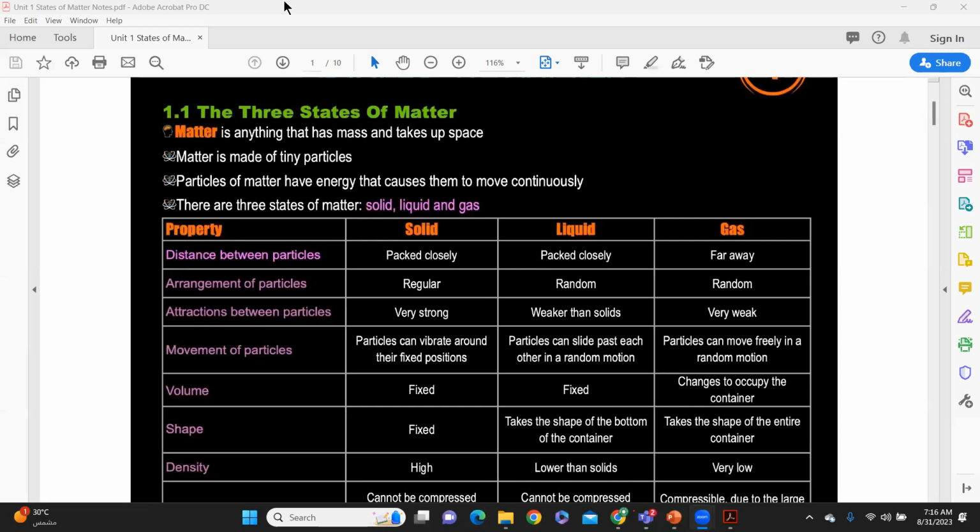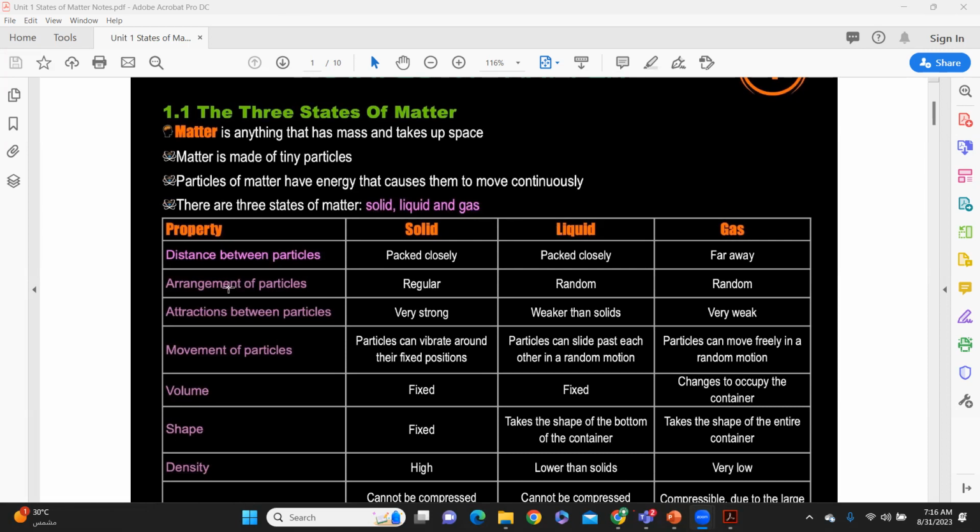Okay, my dear students, as you learned, you can see how the particles are in different states of matter. In a solid they are packed closely, in a gas far away.